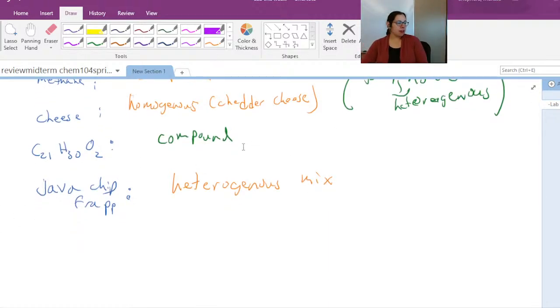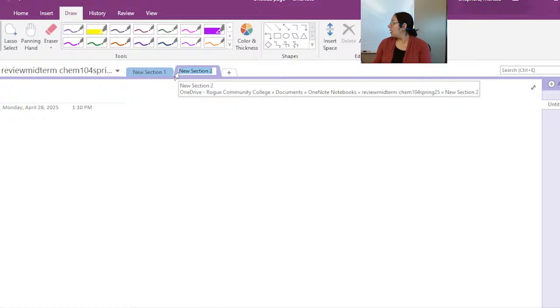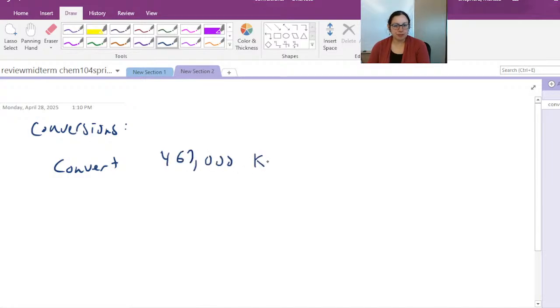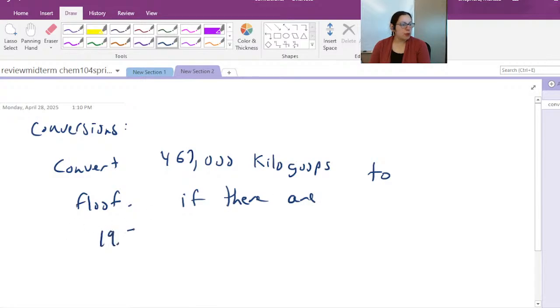All right, so then you'll probably have a conversion problem, and I could give you a random conversion. Let's practice this. So now let's convert 467,000 kilogoops to floof, if there are 19.5 goops in a floof.